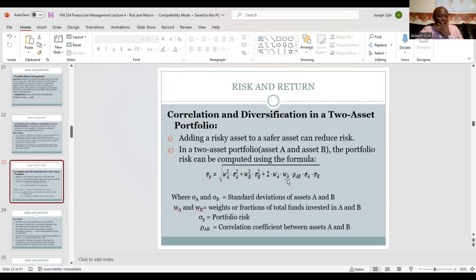It's very simple. The standard deviation of asset A and B represent the risk, and WA and WB is the weight. I've already explained what the weight means. Then delta P is the portfolio risk. Then rho AB means the correlation between asset A and asset B. Okay.